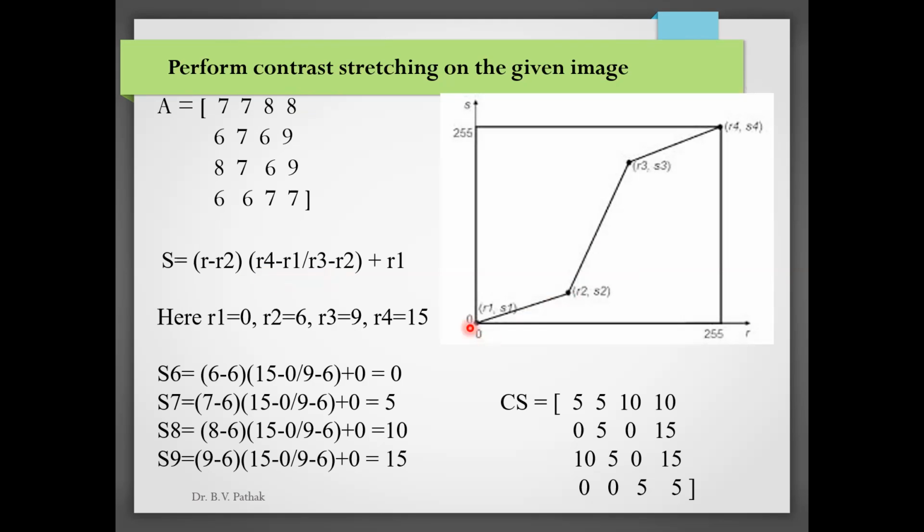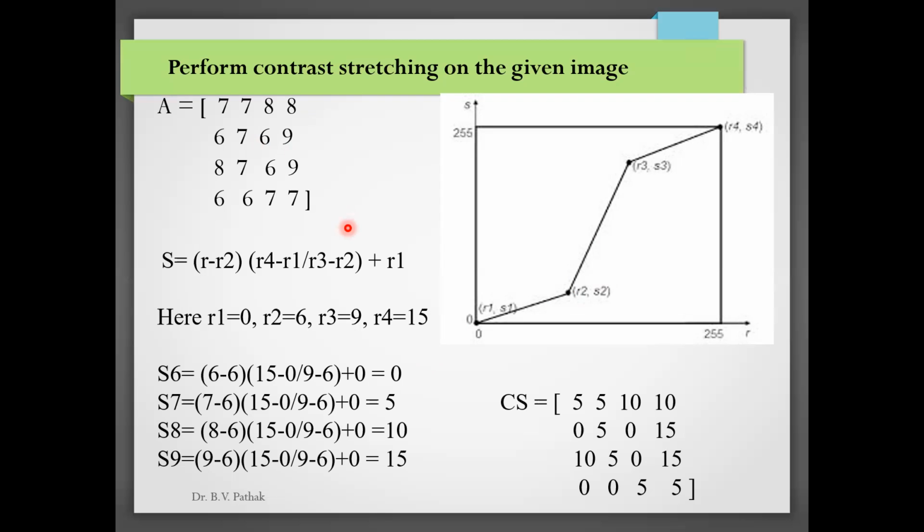Then R1 is the very first point. First we will have to see the number of bits required to represent this particular image. The maximum value here is 9, right? So we will need 4 bits to represent pixel number 9. 2 raised to 4 is equal to 16.